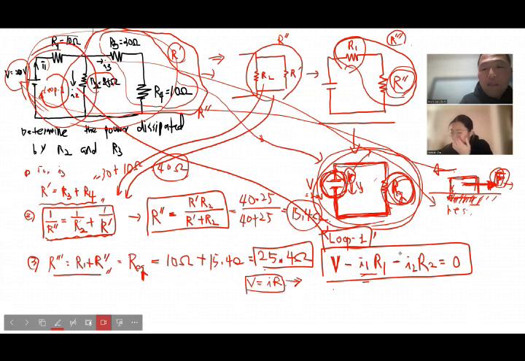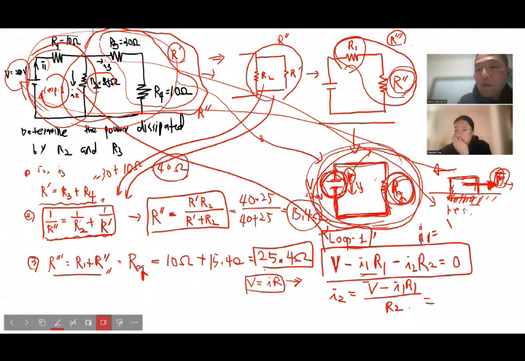So now from that, I2 is V over R2 minus I1 R1 over R2. If you add that, now the current I1 is obviously V from the simplified version of the circuit.